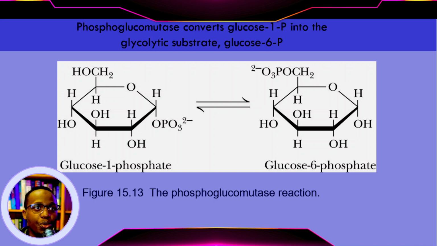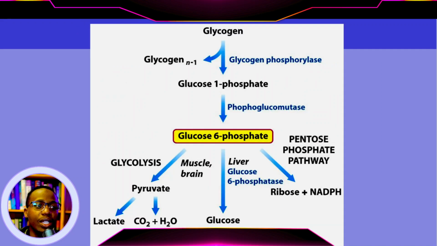We remember that mutases are these isomerases. So the phosphate group moves from glucose 1 to glucose 6. So glucose 6-phosphate is this really important molecule, and that's how we make it. All right, so again, this is the importance of it. It's really important.